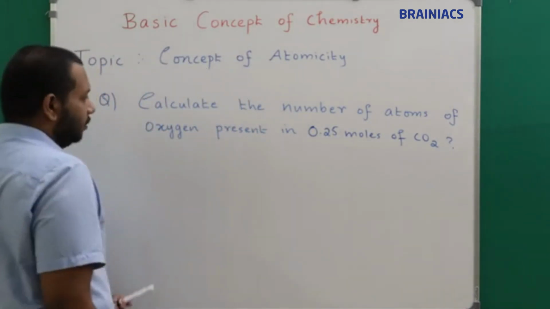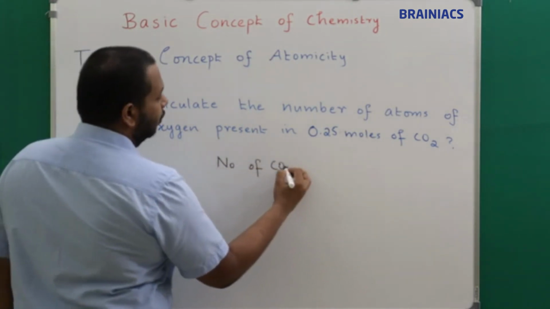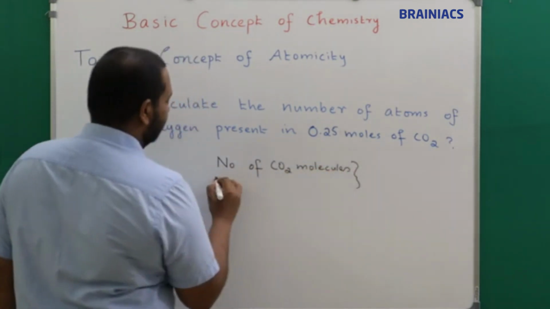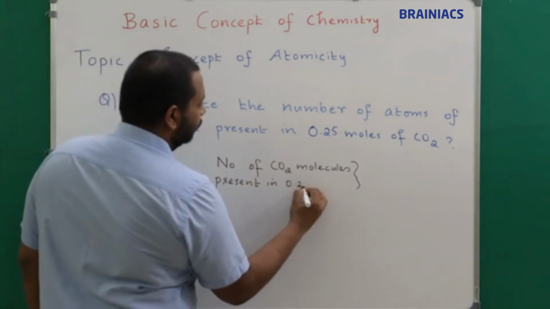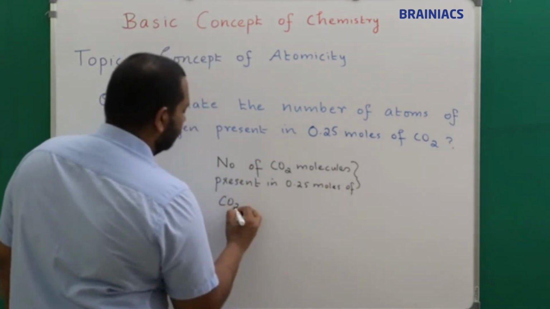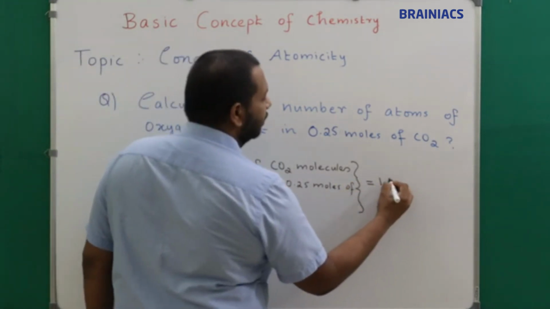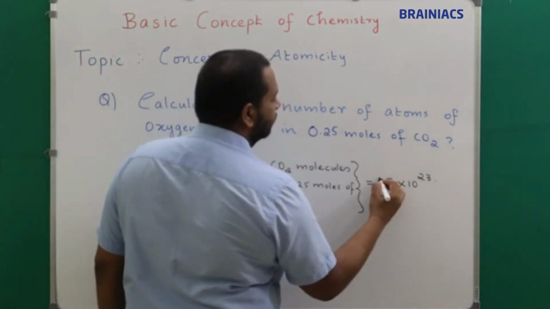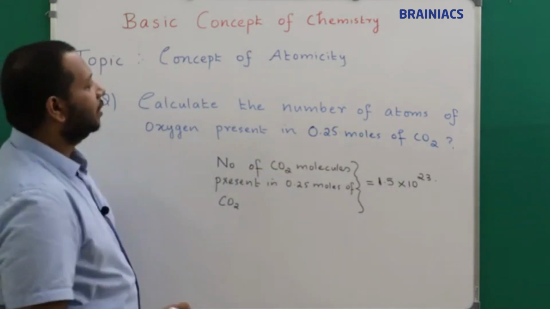So now I know the number of CO2 molecules present in 0.25 moles of CO2 is equal to what? Just now we calculated, it is 1.5 into 10 power 23.